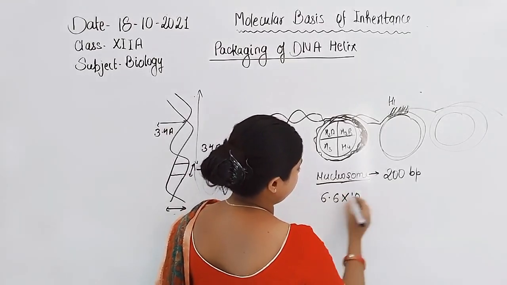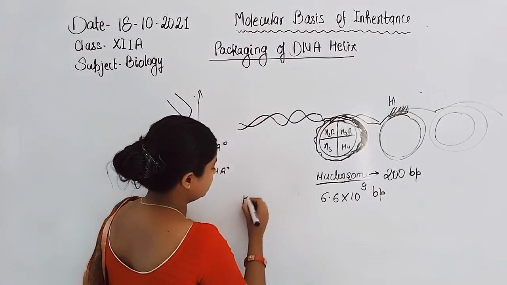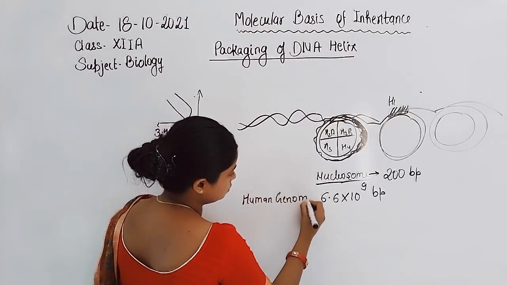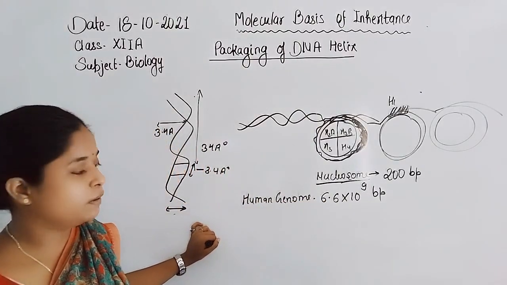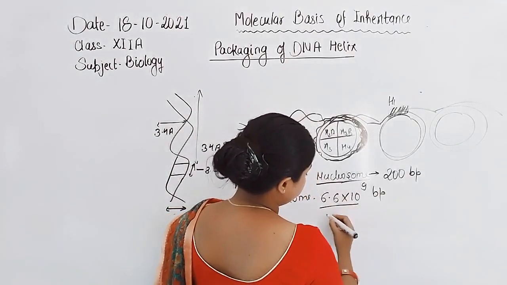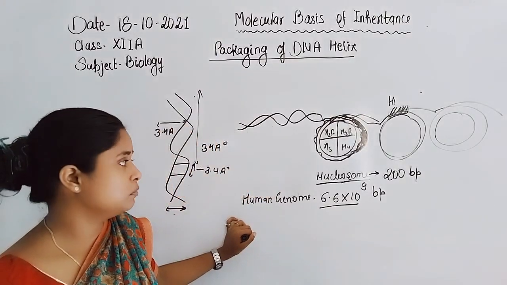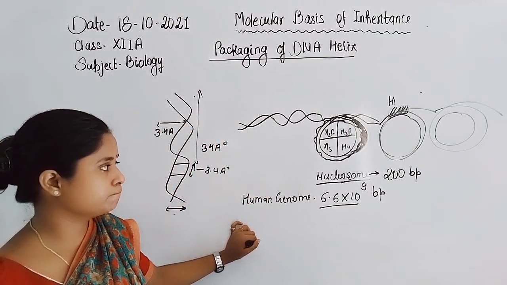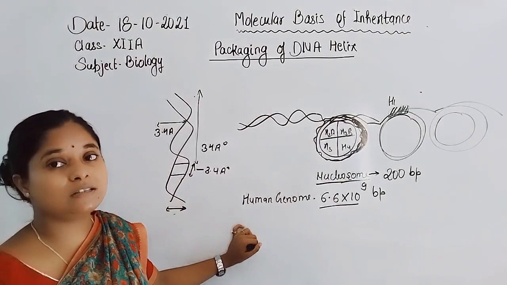If we talk about our genetic material, the human genome is formed by 6.6 into 10 to the power 9 base pairs. Now let us calculate how many nucleosomes form if all the genetic material is present in chromatin fiber.